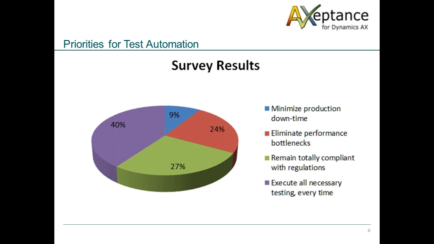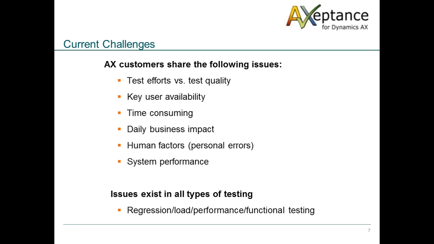And this is a survey that we conducted to show that minimizing production time, which is probably no big surprise, is so important any time you're talking about testing a system for uptime, as well as the ability to ensure you're getting the results that you would expect out of your system. The second most important is being compliant with regulations and auditability. So you'll see in the tool that it creates a log that you can refer to, as well as the ability to document the testing that's been done for your system.